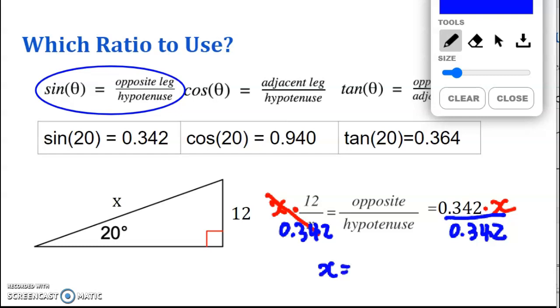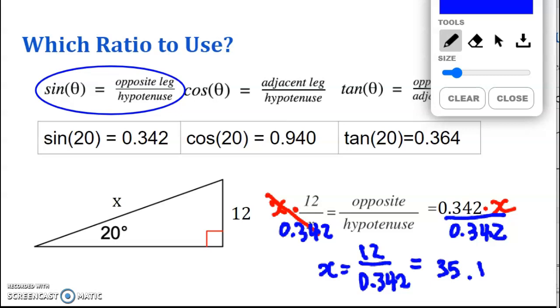When you use the calculator and do 12 divided by 0.342, you get 35.1. Okay, and you need to look at this and ask, does this make sense?